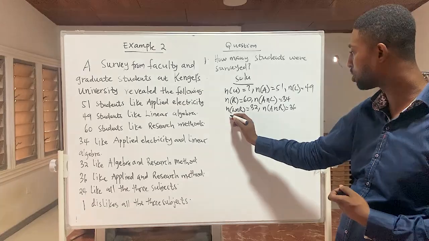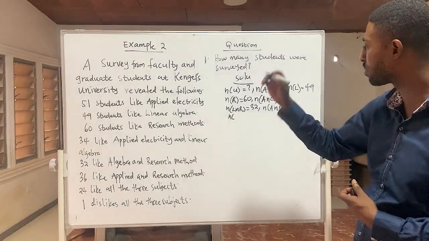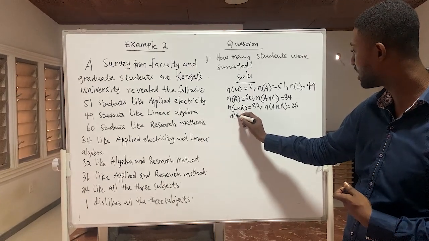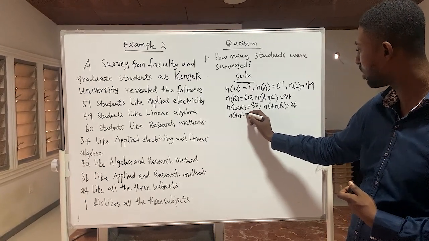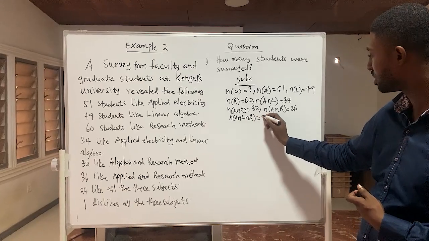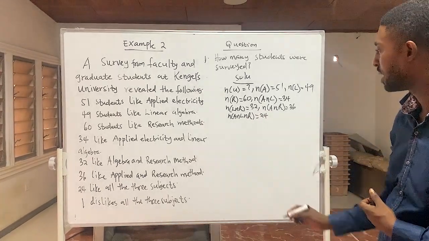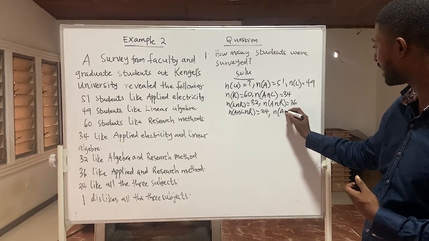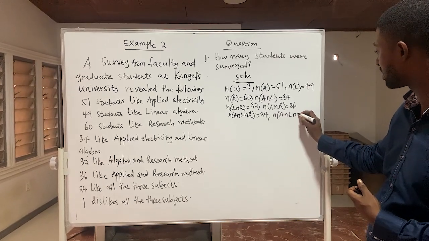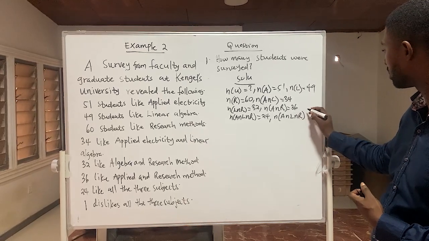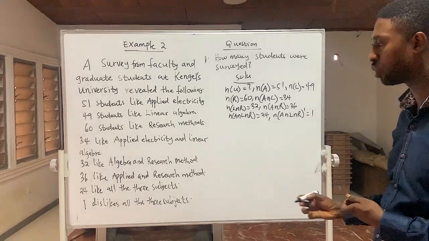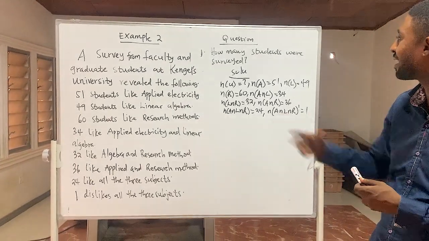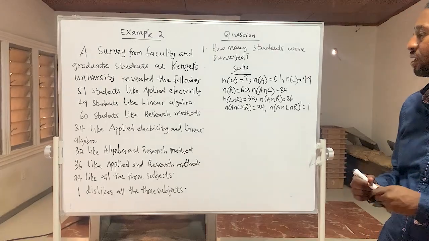Then 24 students like all subjects, so the number of students that are interested in applied, linear algebra and research method is equal to 24. And the number of students who do not like any of the subjects is 1. So let's use Venn diagram to find the number of students that were surveyed.